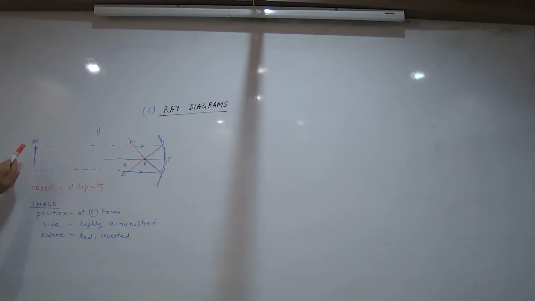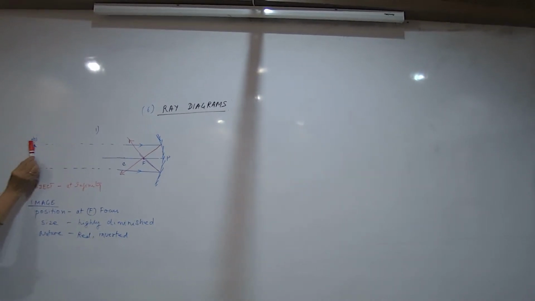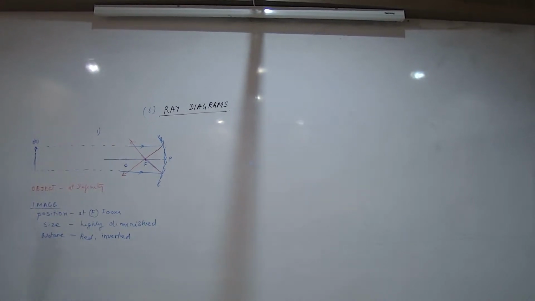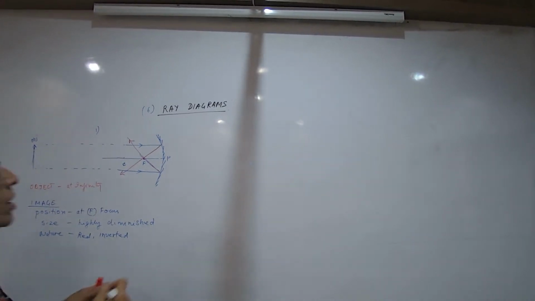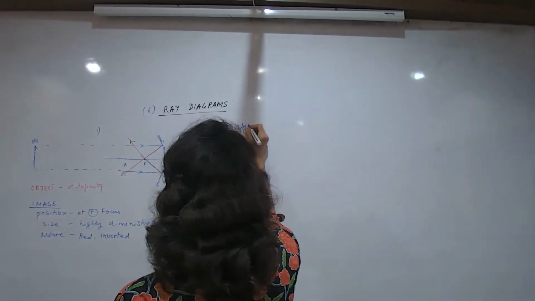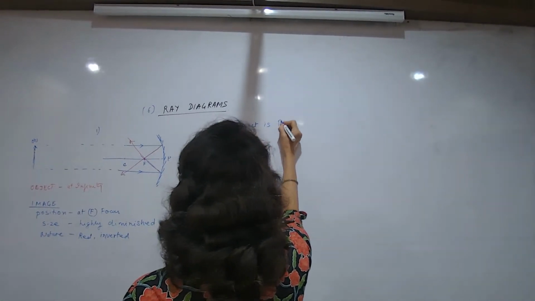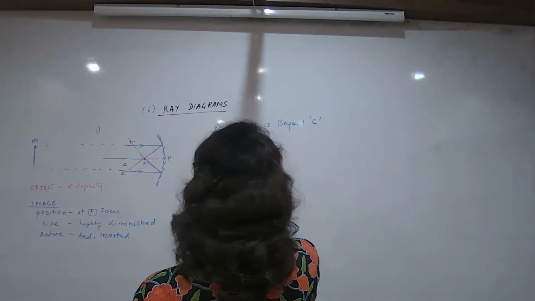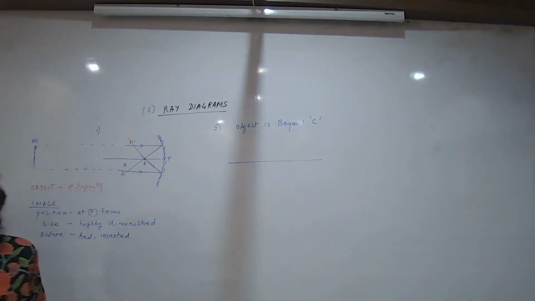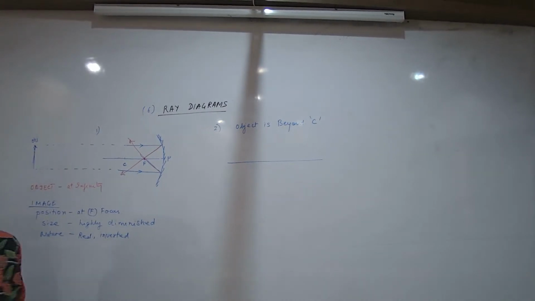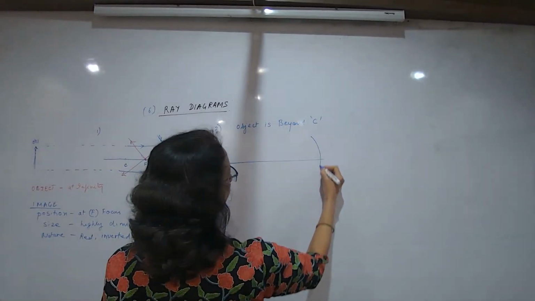We said our object is very, very far away. The next position will be beyond C, just beyond C. So that is what we are going to do. Second position of the object. What line is this? Principal axis. What mirror?